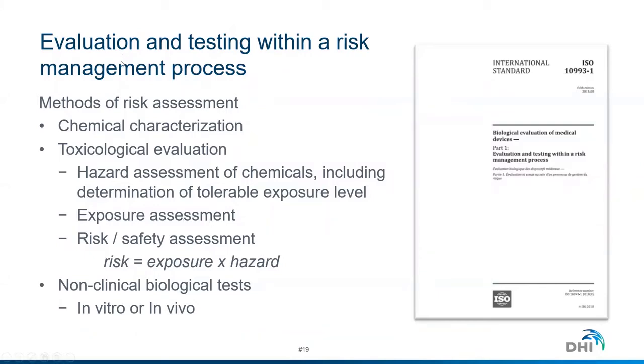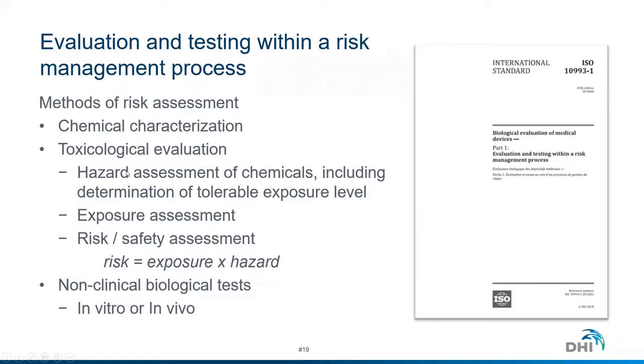When you have categorized your device, you move into categorizing and assessing your risk. You do so by chemical characterization and evaluation of the toxicological properties of the constituents and substances that you are exposed to through use of the device.